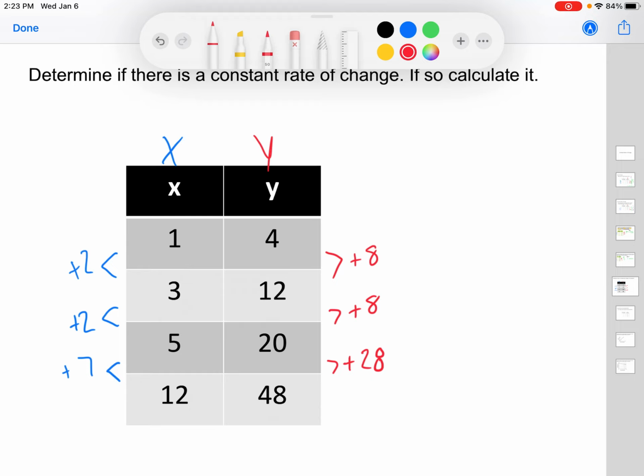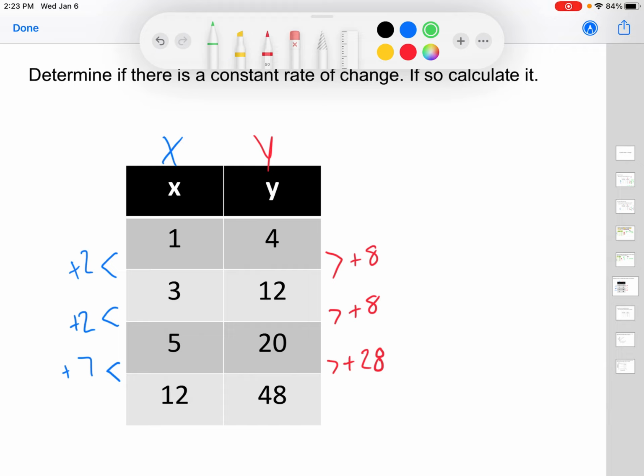So now we have all of these kind of lined up. First of all, they don't change by the same thing every time. So we go +8, +8, +28, +2, +2, +7. So that should kick something in your head saying, okay, something's not quite right here.